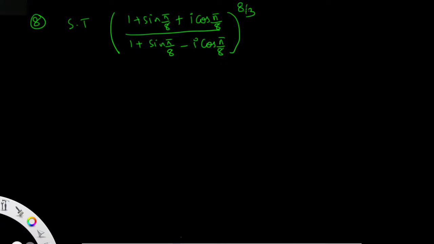Already explained in the exercise problem. Show that one of the values is minus 1. So how many values does it represent here? 3 roots. 8 by 3 means the denominator is 3, so this expression should contain 3 roots. If one of the values is minus 1, we have to prove it.